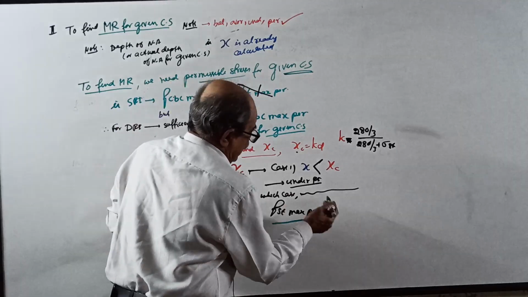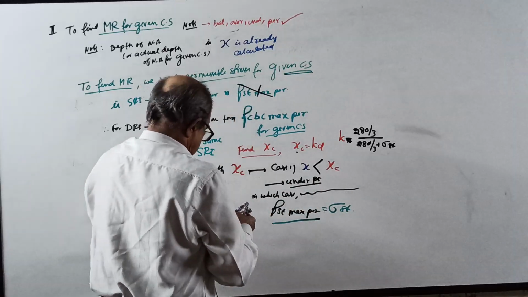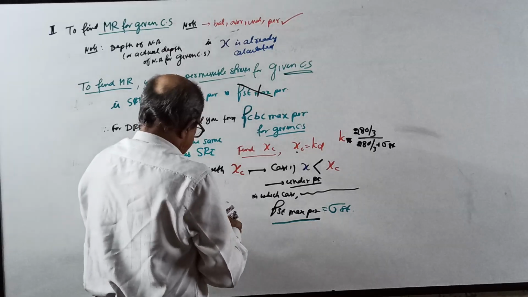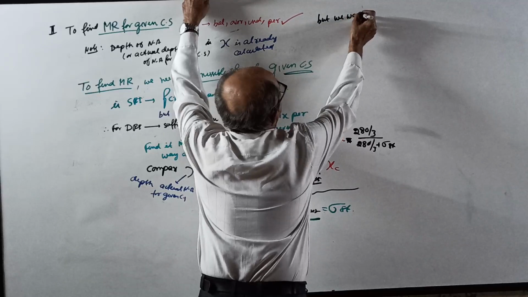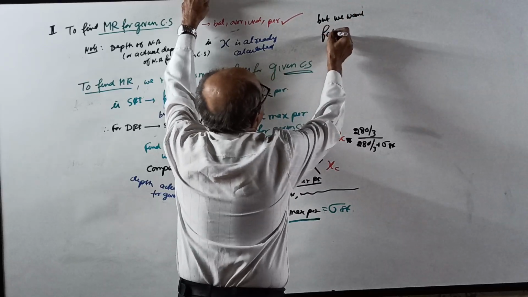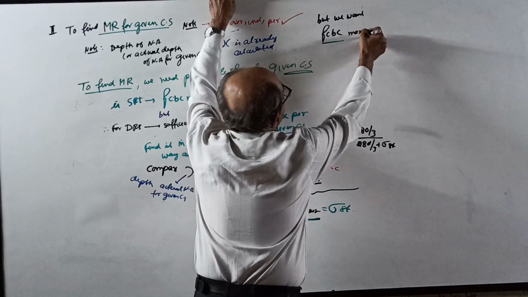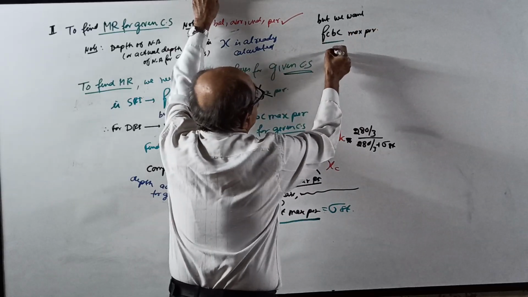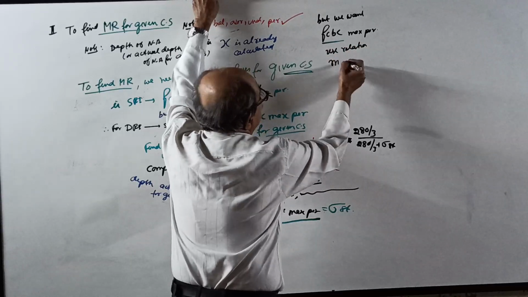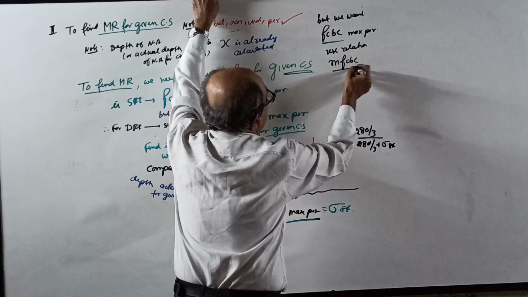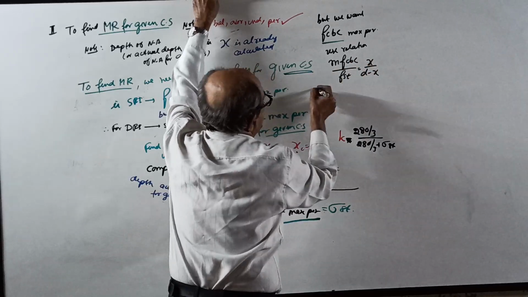FST max permissible equal to sigma st. But what is the problem? We want FCBC max permissible. What to do? Use the relation, which is also known to you: m FCBC by FST equal to x divided by d minus x.